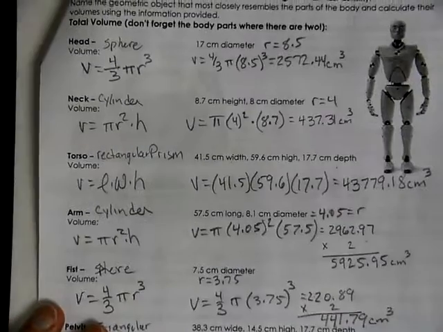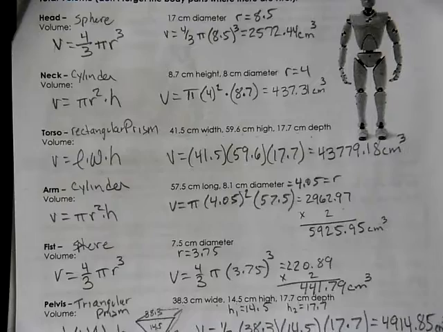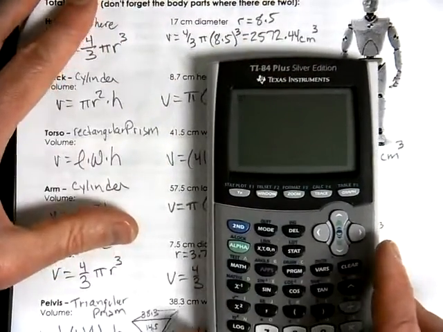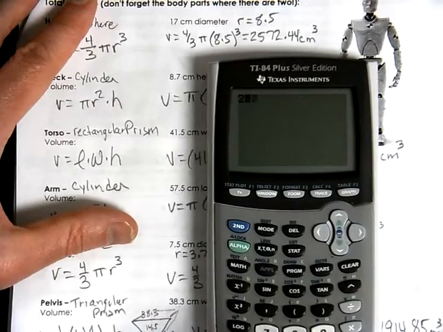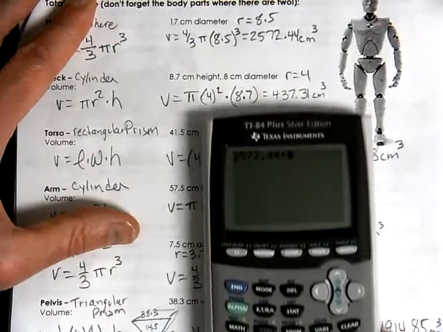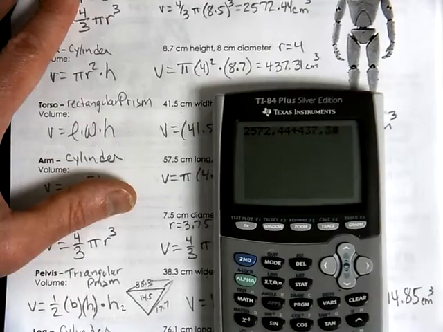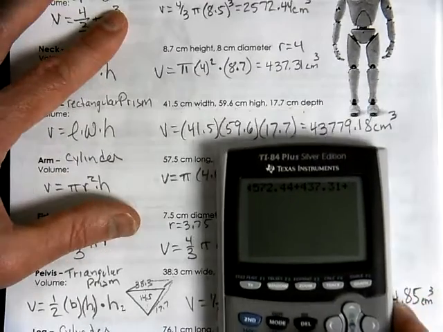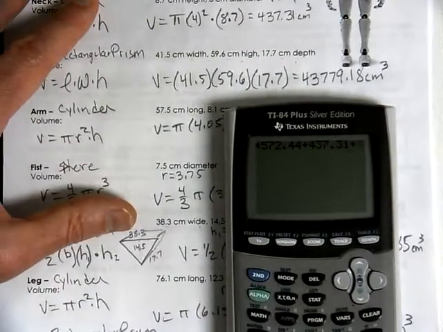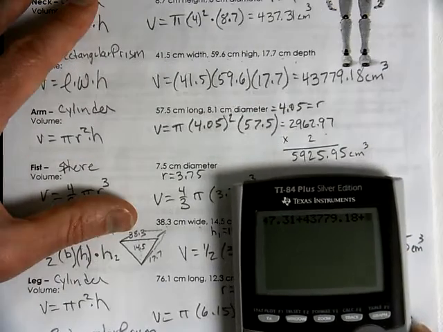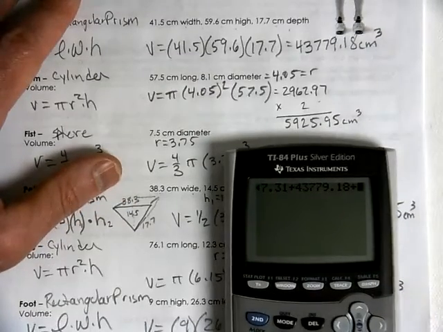So what we're going to do now is find out the total volume of a person. So we take our 2,572.44 with two arms.